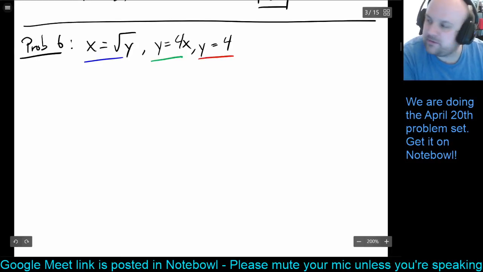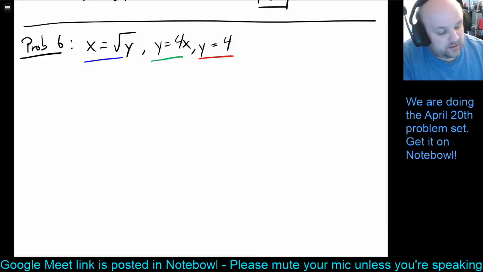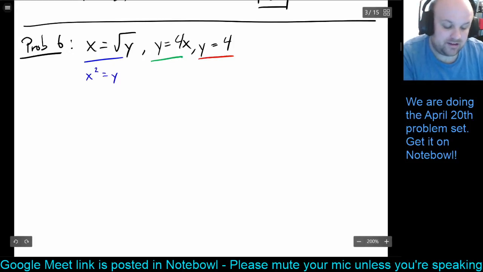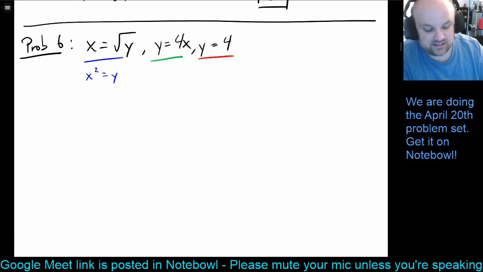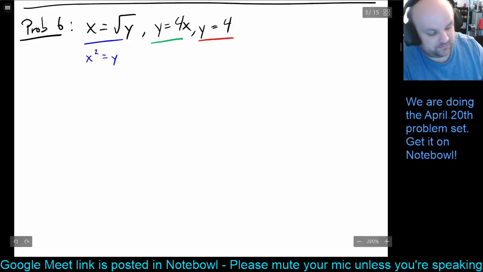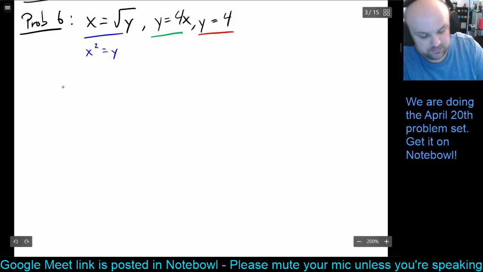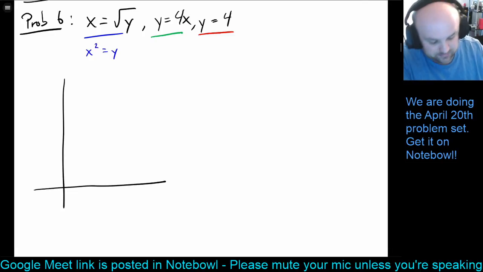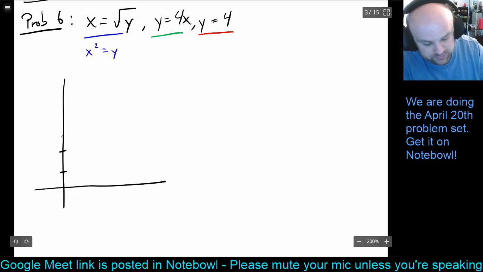Right, blue, green, red. For this blue one, if you don't know what this graph looks like, square both sides, and you get x squared equals y. And note here that since x is equal to the square root of y, we just can't have negative x values. So what's going to happen is really we're going to be forced into the first quadrant again. 2, 3, 4.